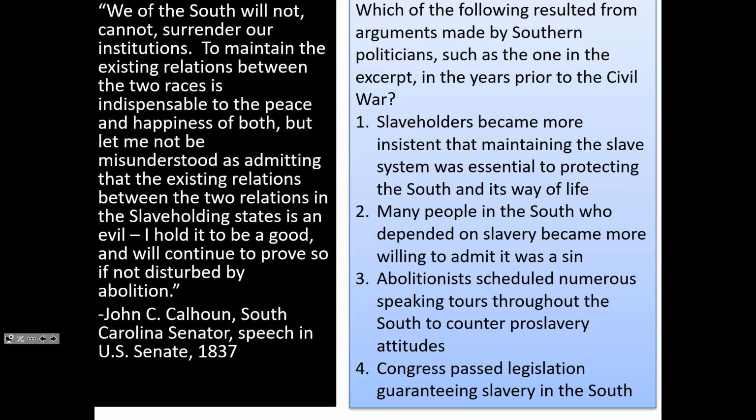So my recommendation is, if you know a ton about the author, take a look at the question and see if you can answer it without reading the document in super detail. Try and see if you can get the correct answer.